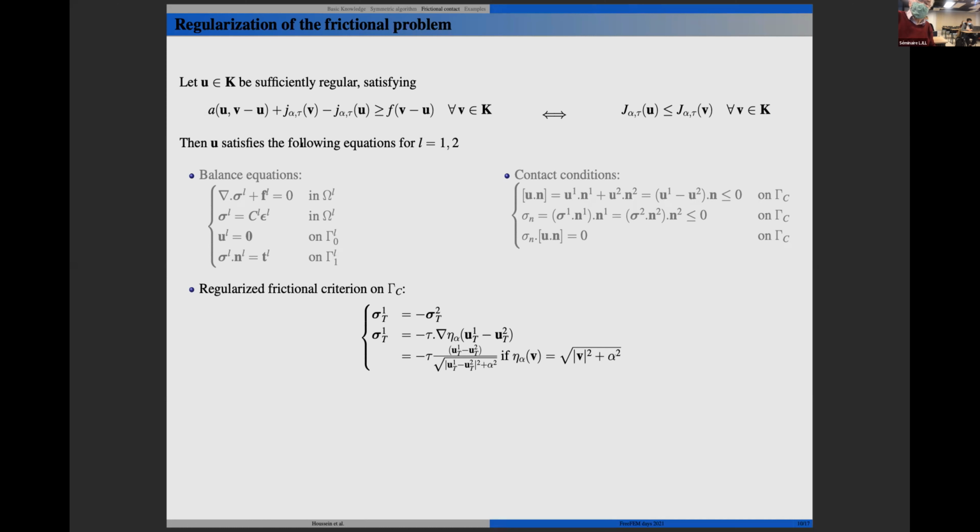We will see after, in the numerical simulation, how it works.